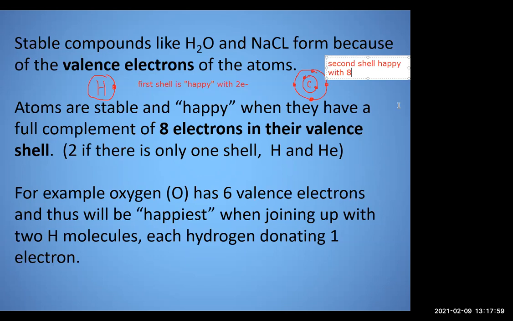So this is going to determine how many bonds an element will make. How many valence electrons they have in their outer shell determines how many bonds they're going to make. So for instance, hydrogen, super reactive, it's got 1 electron, looking for that second electron. So it's going to want to form a bond with something that will allow it to have 2 electrons circling around it.